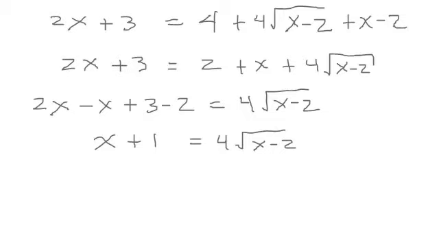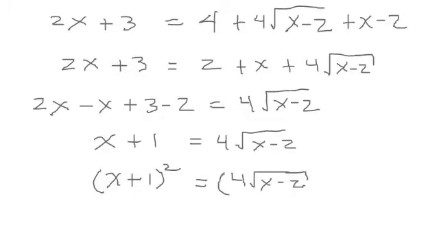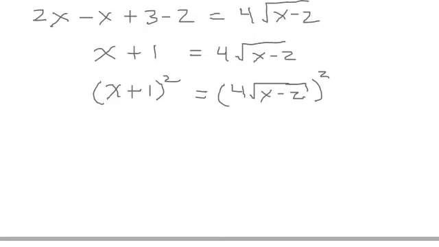Now to get rid of this radical, we're going to square both sides. Alright. And we square this, so this is going to be x times x is x squared. Then x times 1, and then 1 times x, so that'll be 2x.